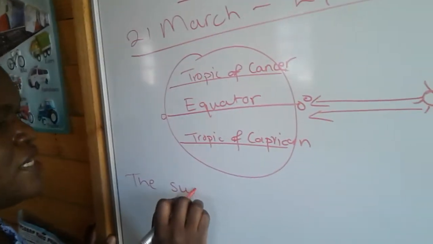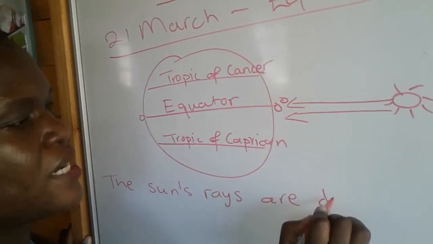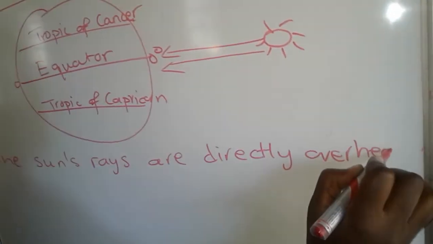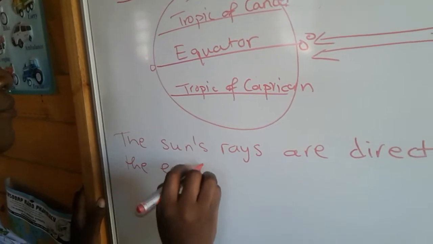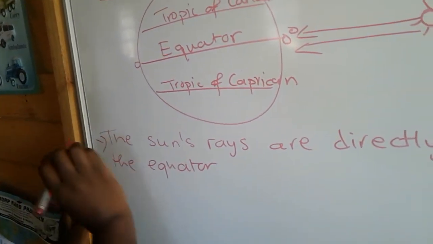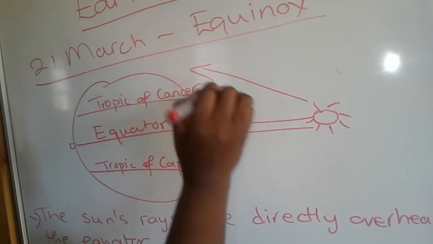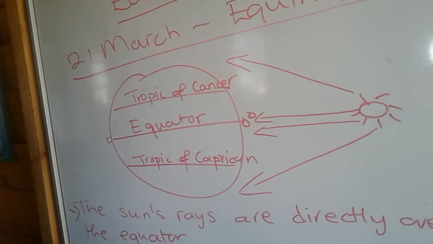The Sun's rays are directly overhead the equator. So, what does this mean? Equinox.